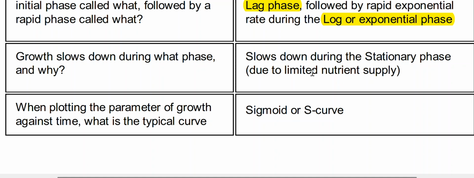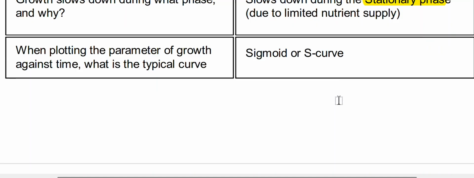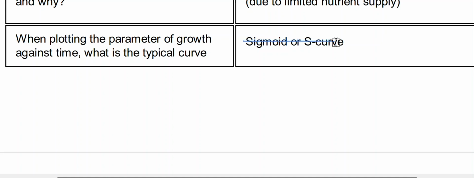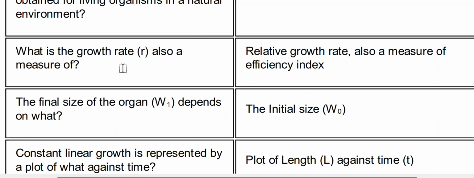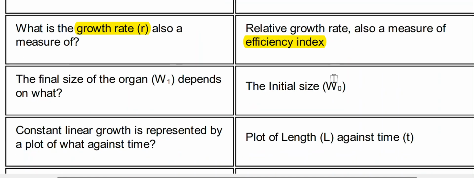The slowing down phase is called the stationary phase, and it is represented in graphs as an S curve, called the sigmoidal curve. Growth rate is a measure of efficiency index, how well it is growing.